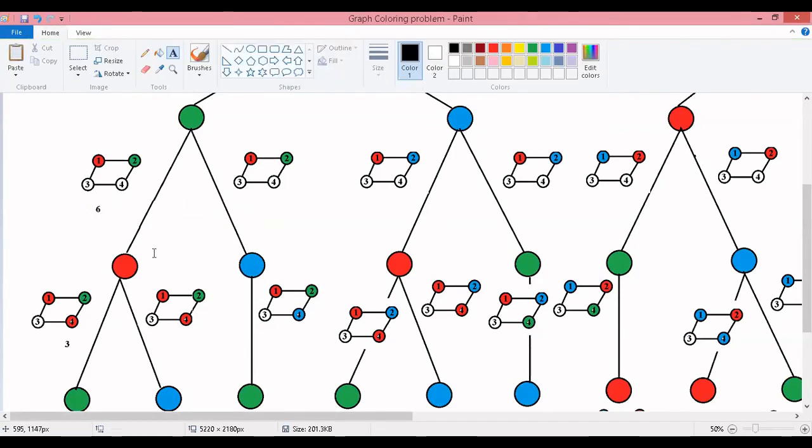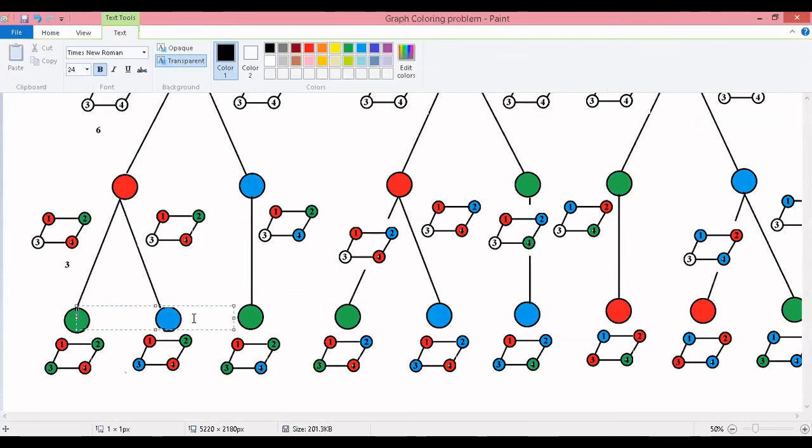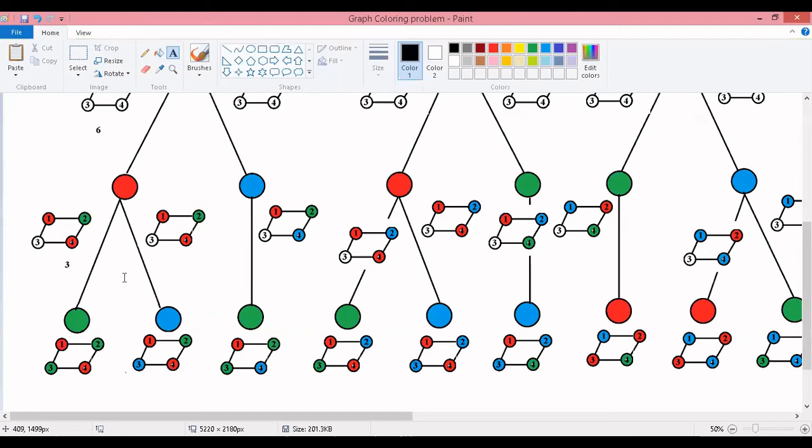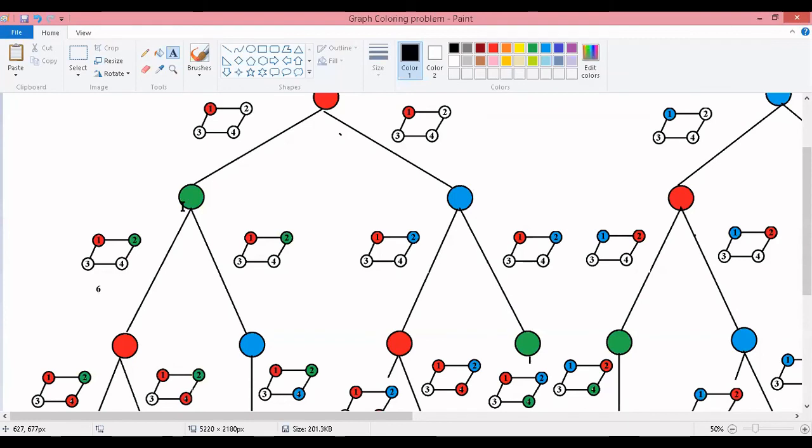Why 6 times? Because here there is a red color node. Before coloring this node, 3 times you should compare with the previous node, which is colored green. So that is 3 times, plus the bottommost green color node is compared with this red color node as well as this green color node, so that is 3 times. So 3 plus 3 comes to 6 times.